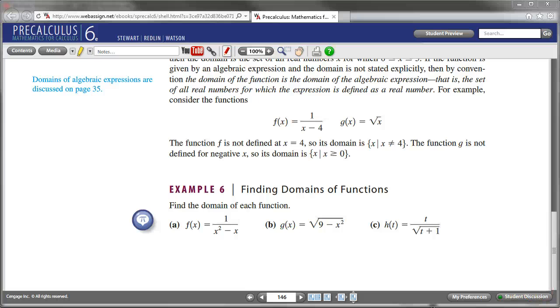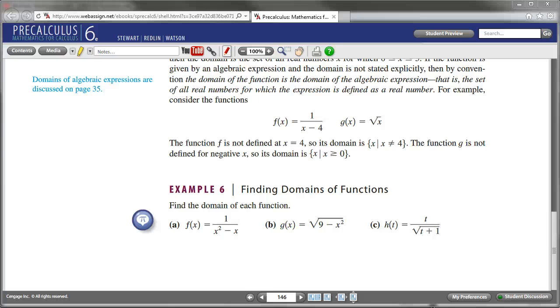Here are more examples. In example 6, find the domain of each function. In part A, you have to set the denominator equal to 0 and then exclude those numbers. And in problem B, you have to set the inside of the square root greater than or equal to 0, which becomes a quadratic inequality. And C, well, we have to do both. t plus 1 has to be greater than or equal to 0, but it also should not be equal to 0 either.